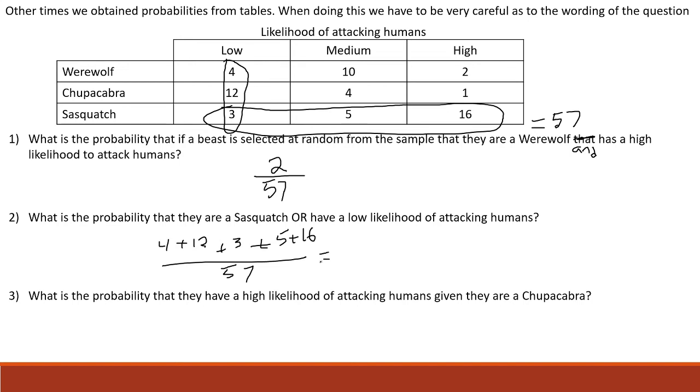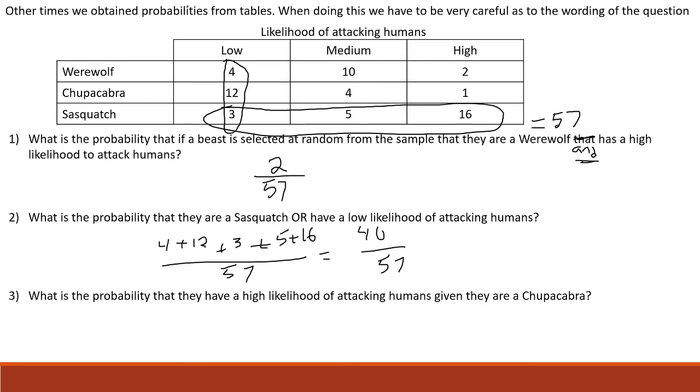If I add all those up, let's see, 4 plus 12 plus 3 plus 5 plus 16, I get 40. Make sure I did that right. Yeah, so it'd be 40 out of 57. Because again, or means I can be any of the first category or any of the second category. It's not a restriction, right? Or gives me options. If I hear the word and, or something that implies and, that means I'm restricted. I only want to pick the single value that satisfies the conditions I'm looking for.